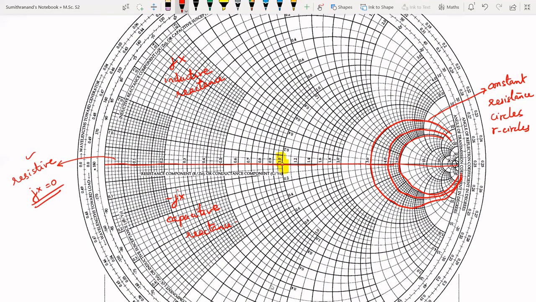These circles have particular resistance values, and those resistance values are marked here.